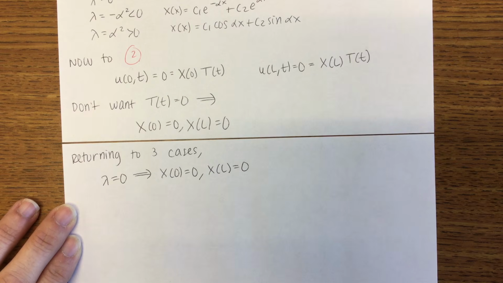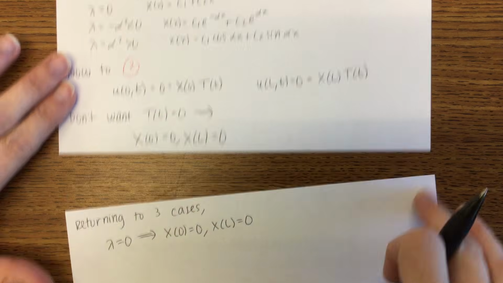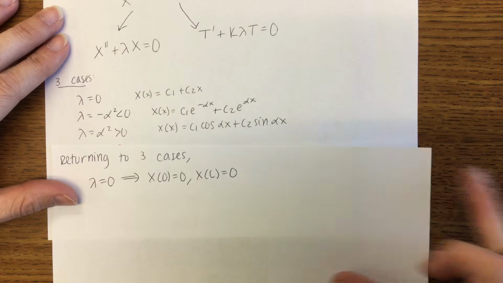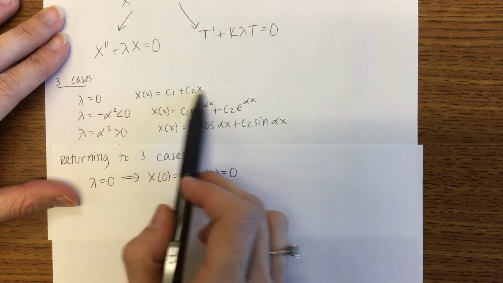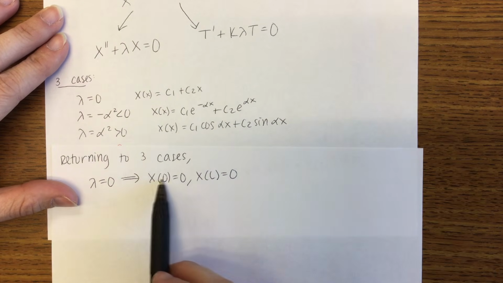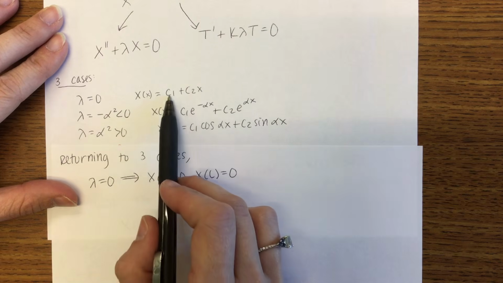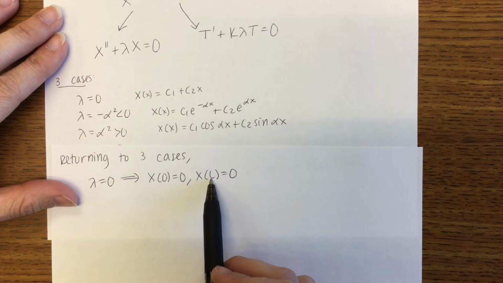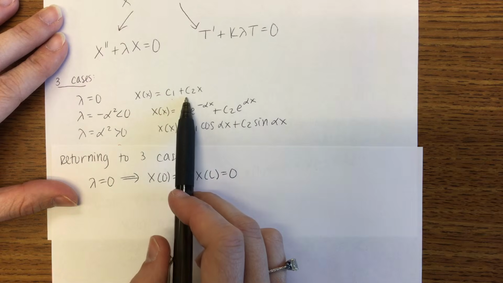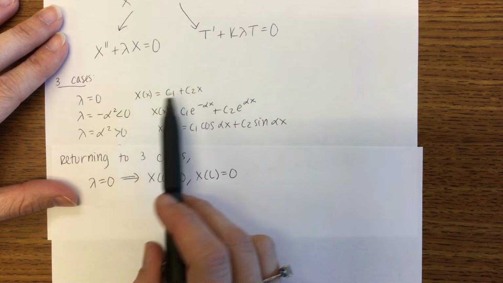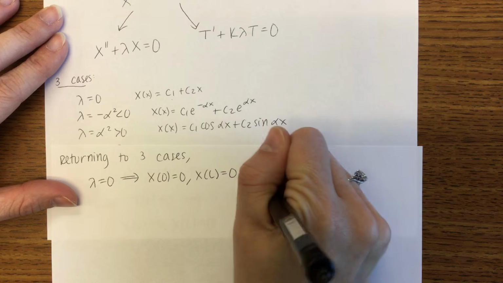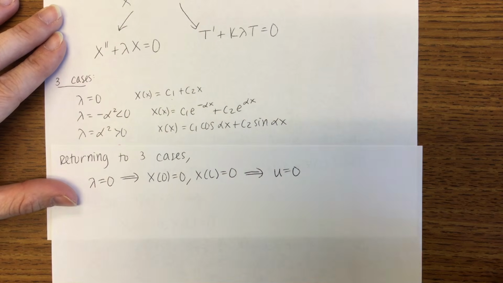Like, is it okay if we don't go through the actual substitution? If I plug in 0, that's going to give me C1 of 0. If I plug in X of L equals 0, that's going to give me C2 equals 0. I'm going to end up with X equals 0. So ultimately, I'll end up with u equals 0.